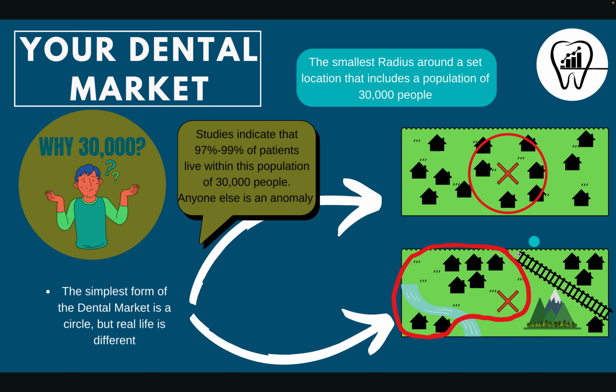So an example is shown below here, right? Although these houses over here are just as close as these houses right here, there's this cute little mountain thing that I added in to show that there's some kind of barrier. There's railroad tracks and mountains that truly are physical barriers for people to enter into the area where your practice is at. And you'd be surprised that some of the simplest things can create large barriers for people to cross.